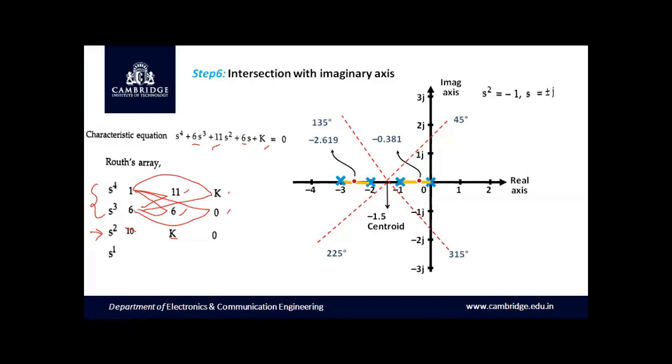And the third element will be equal to 0. Then to fill up the fourth row first element, we can make use of the formula 10 into 6 minus 6 into k divided by 10. Therefore, we get 60 minus 6k divided by 10. And the second element will be given by 10 into 0 minus 6 into 0 divided by 10. Therefore, it is 0.